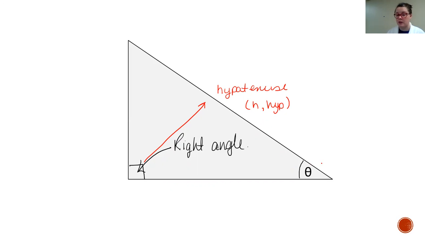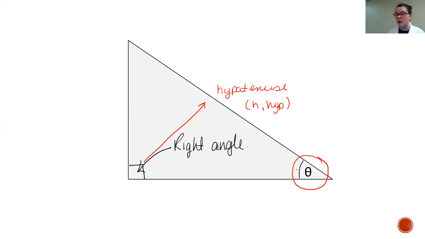So what we do is we look at the angle that we have information about or we want to find information about. This angle has the letter theta inside of it, which means it's the angle that we're interested in. The right angle will only ever be used to find our hypotenuse. So this angle is the angle from which we're going to label our opposite and our adjacent.